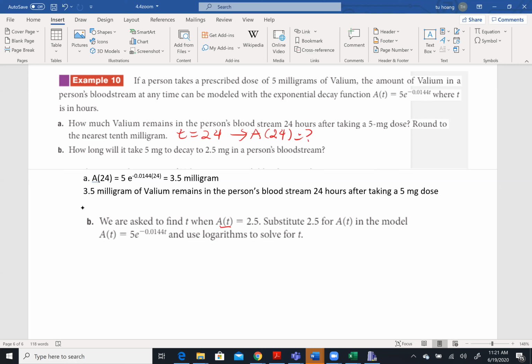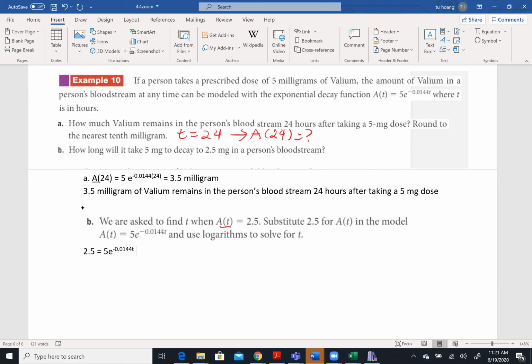You are solving for t, but t is now in the power, right? You need to first substitute, so you have 2.5 for A(t) equal to 5 times e to the power negative 0.0144t.